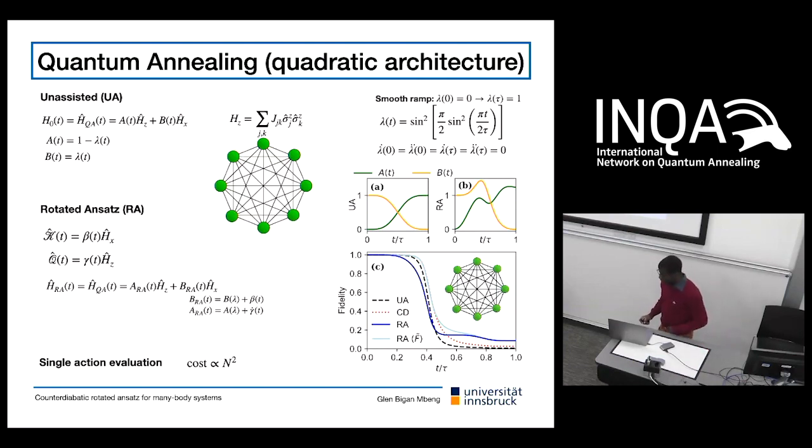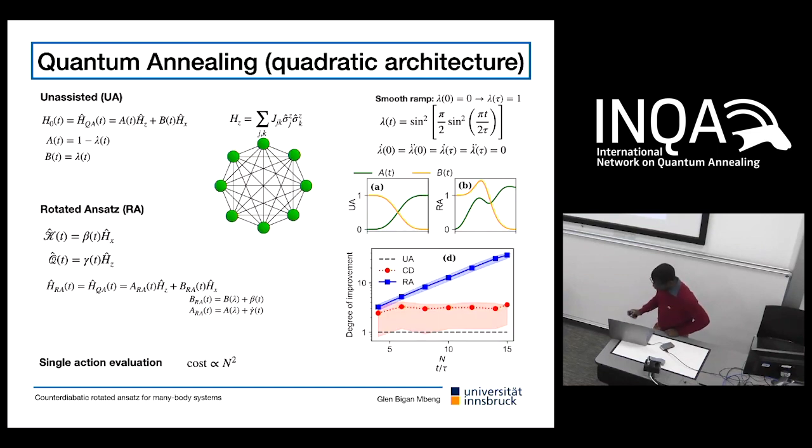Here I'm showing data from the time evolution for a single annealing time equal to 1, and for a single system size, which is 8 if I count correctly. Yes, it's 8. And what we do then is we try to see how it scales. We compute the degree of improvement, which is a fancy way to say the ratio between the fidelity of the unassisted driving and the new fidelity we get.